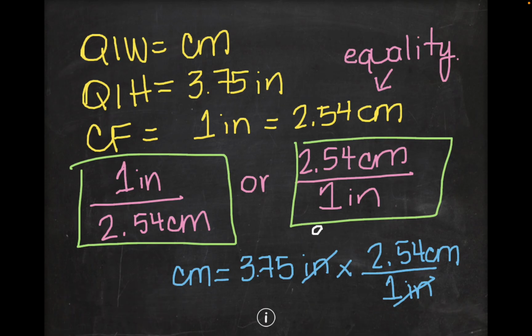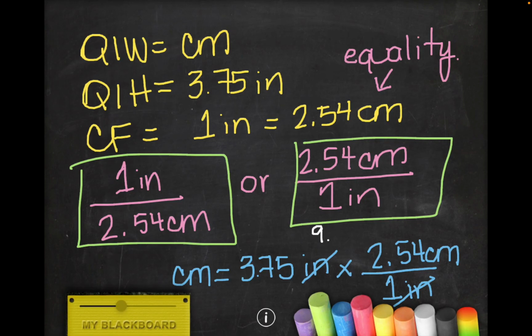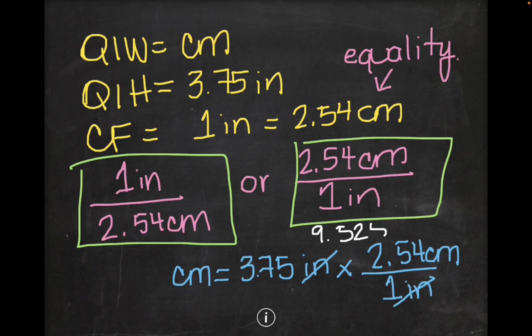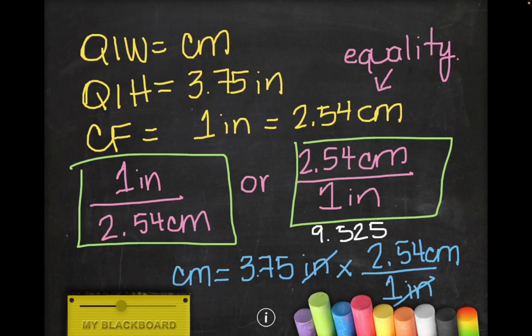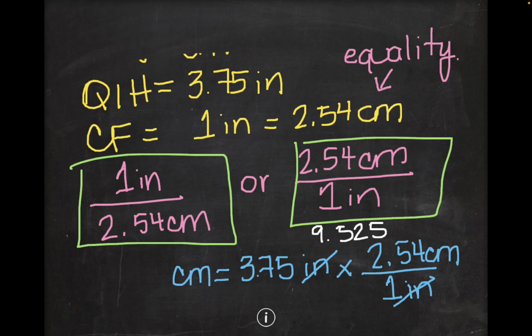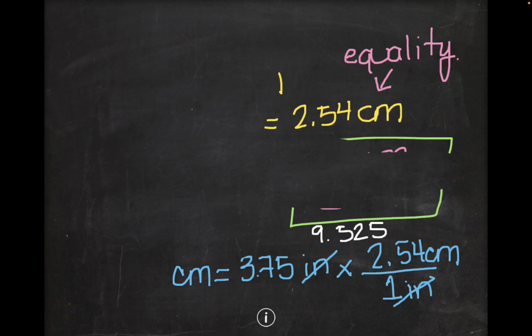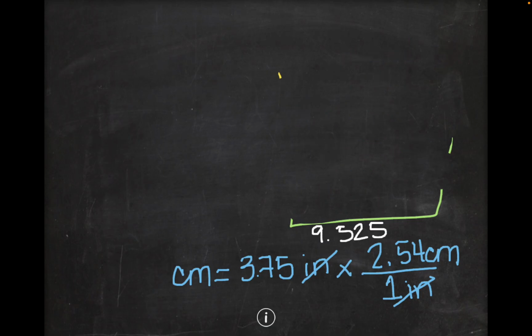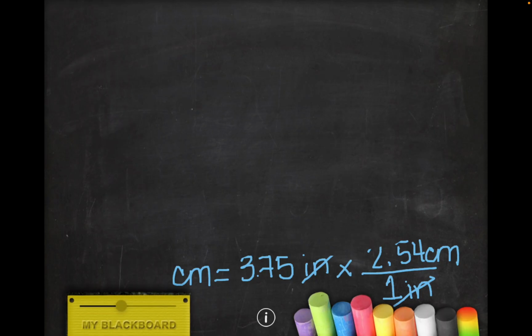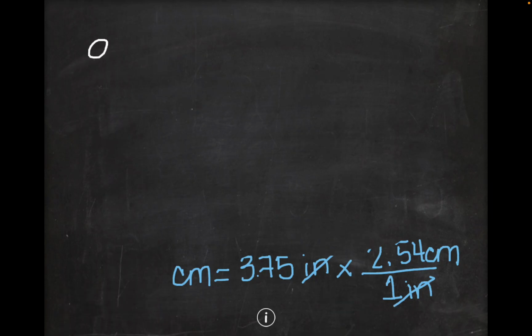I'm going to write it here, 9.525. If I ask you, class, to round to three significant figures, let me erase so that we have enough space. The answer that you got in your calculator is 9.525 centimeters.